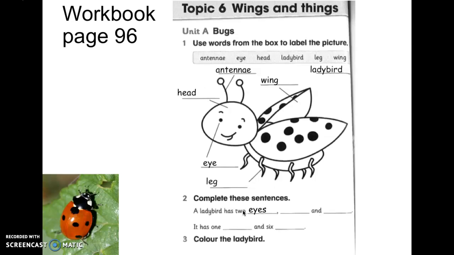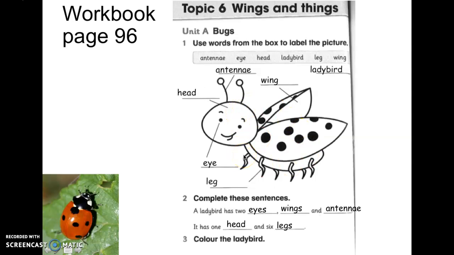It would be scary if they have 2 heads. And they also have 2 of wings. And lastly, they have 2 of what? Legs? Antennae. They have 2 antennae. So, it has 1 head and 6 legs.